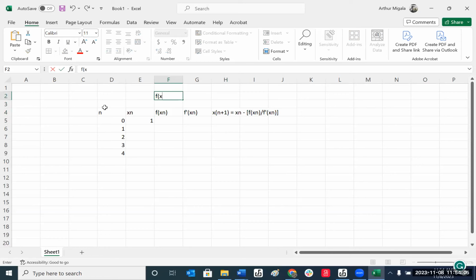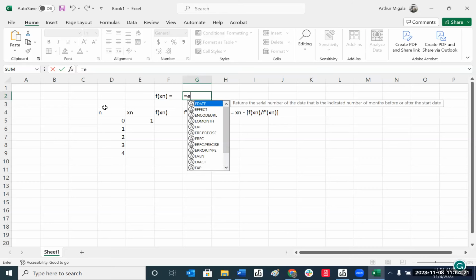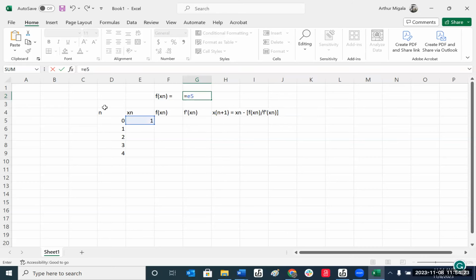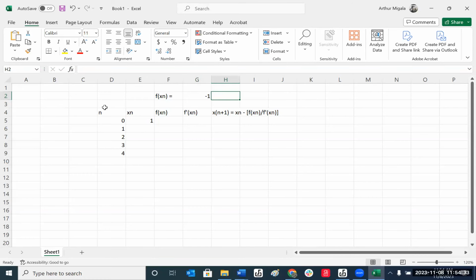So f of x sub n equals x cubed minus x, cubed minus E5 minus 1. I can do it here, I'm sorry.